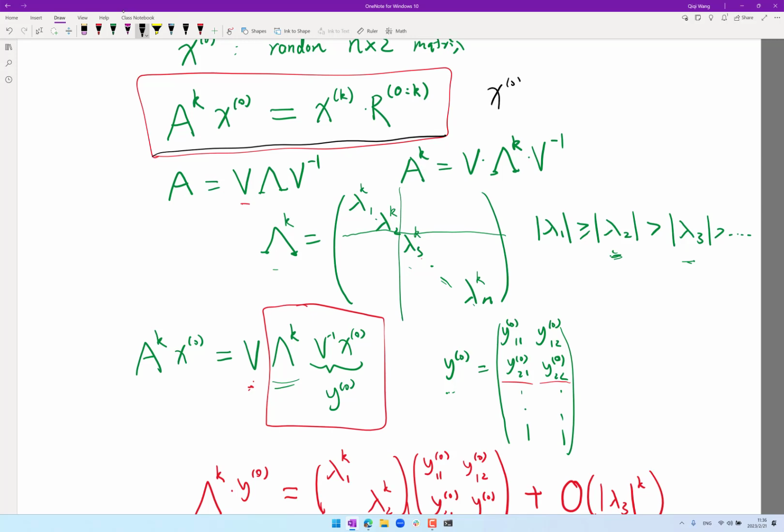It's x0 transpose times A^k transpose times A^k times x0, which is equal to R 0 to K transpose times, okay, the transpose of A^k times itself. If X_k is an orthonormal matrix, is orthonormalized, right? Then the transpose of it multiplied with itself is going to be what?